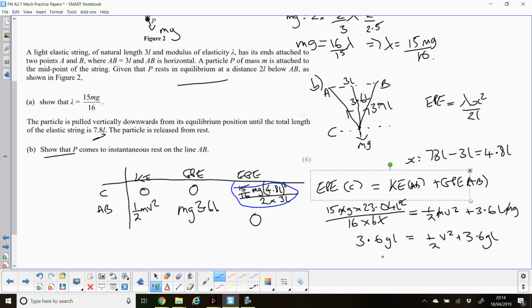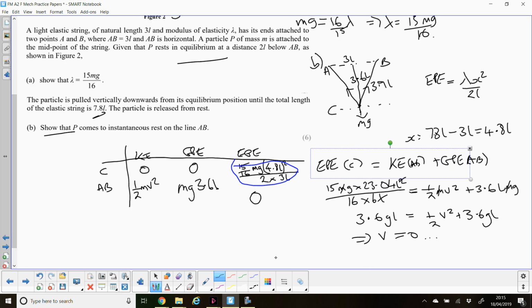Okay, so as we can see now, this means that v must be equal to 0, and so it comes to instantaneous rest. Remember to write a conclusion.